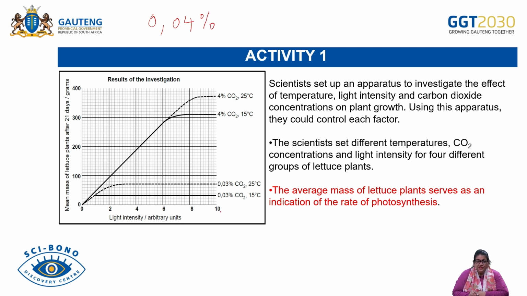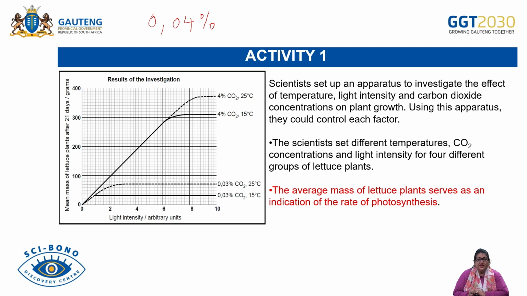So 0.03 is a little bit less than 0.04, which means that the level of CO2 there is quite low. So photosynthetic rate is low. So less carbohydrates are made in the lettuce. Therefore, the mass is low.